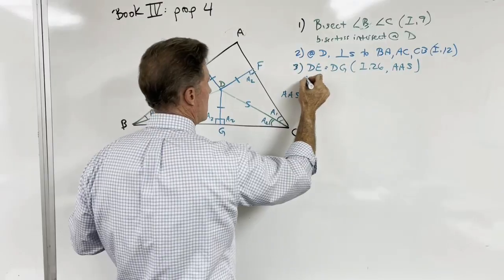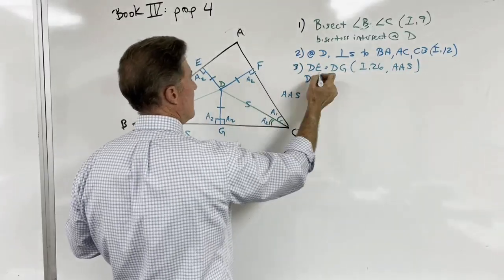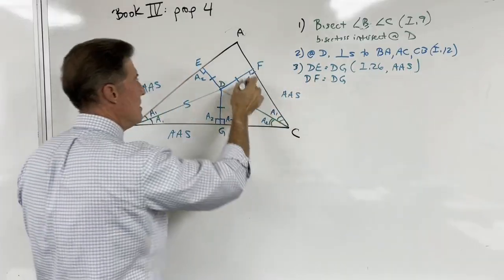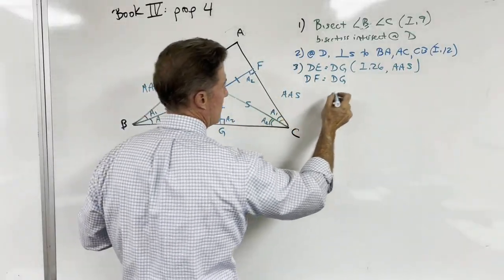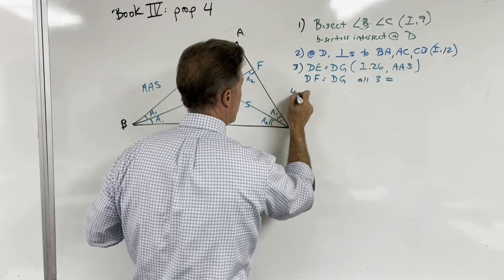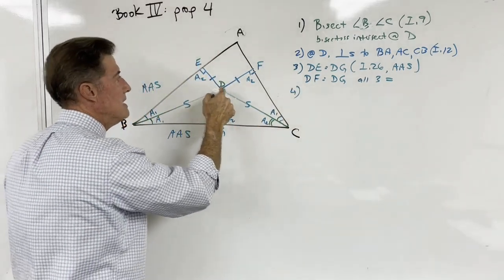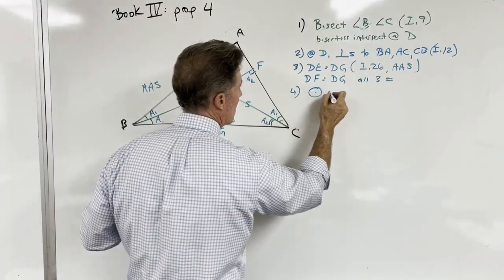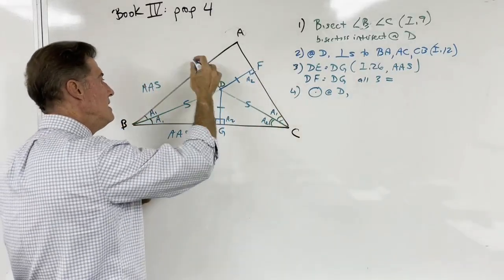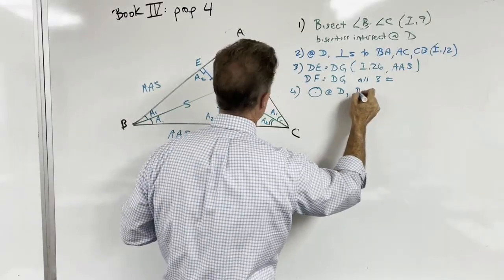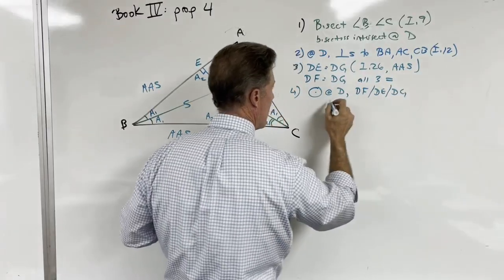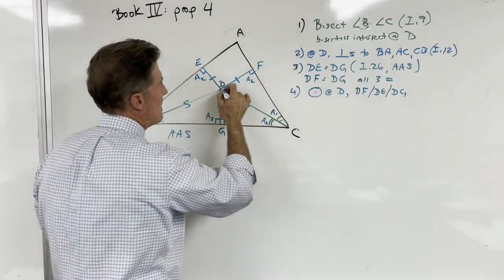Well, then it should be manifest that if DF is equal to DG and DE is equal to DG, then all three of these are equal to each other. So they're all three equal. Which means if we construct a circle with D as our center, and any one of these three, DF, DE, or DG, as the radius, then the circle we construct, so let's just pick DF.